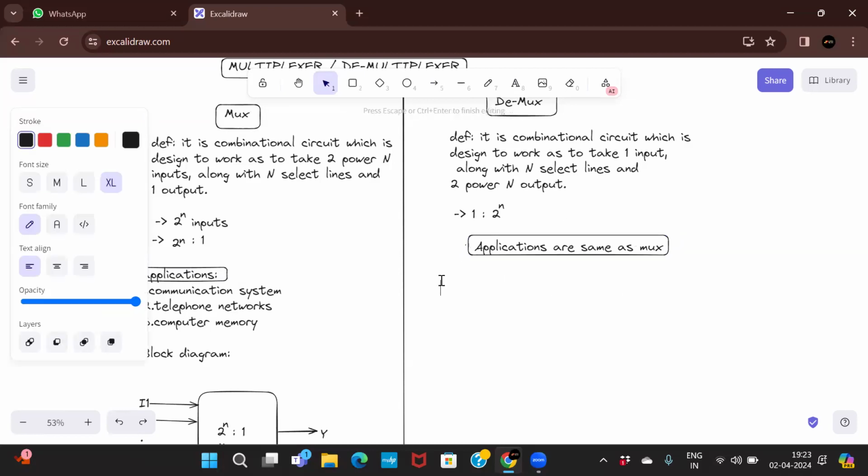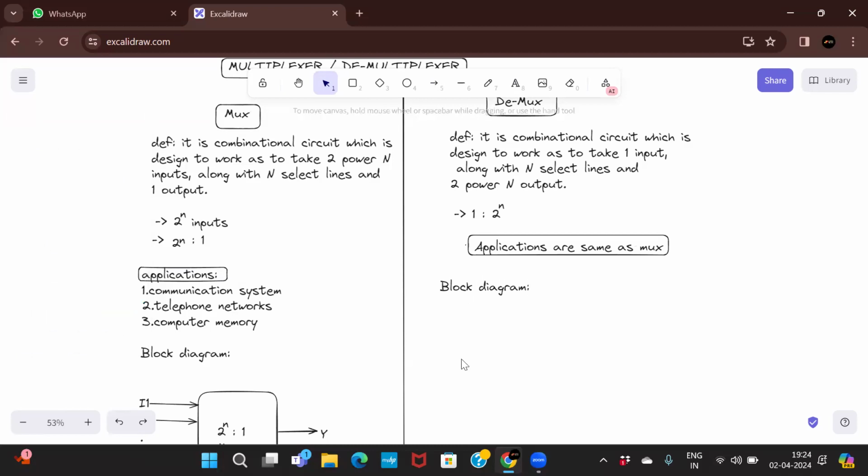For the block diagram, we just turn the mux by 180 degrees and we get the demux.